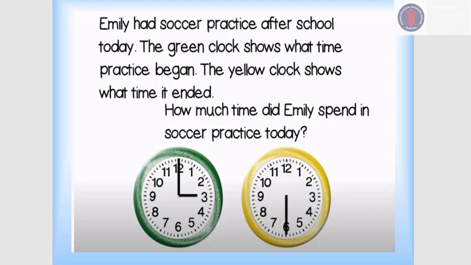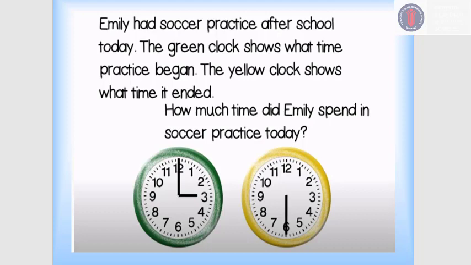The green clock shows the start time. Practice began at 3 o'clock. The yellow clock shows what time practice ended: 6:30.